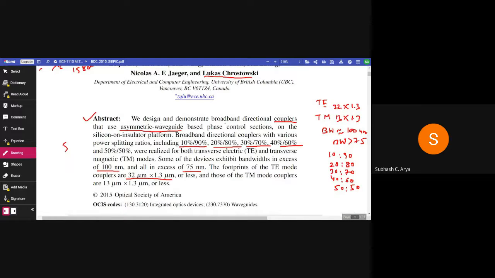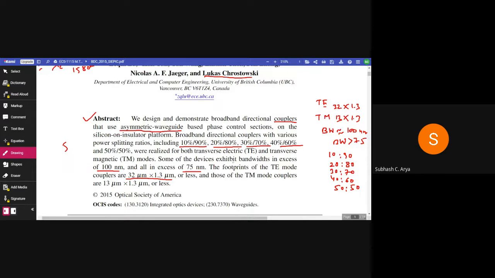We designed and demonstrate broadband directional couplers that use asymmetric waveguide-based phase control section on the silicon on insulator platform. Broadband directional couplers with various power splitting ratios, including 10% to 90%, 20% to 80%, 30% to 70%, 40% to 60%, and 50% to 50%, were realized for both transverse electric and transverse magnetic modes.